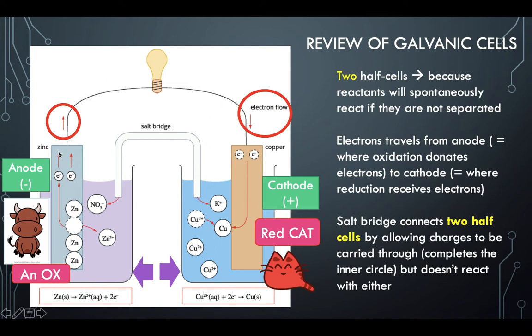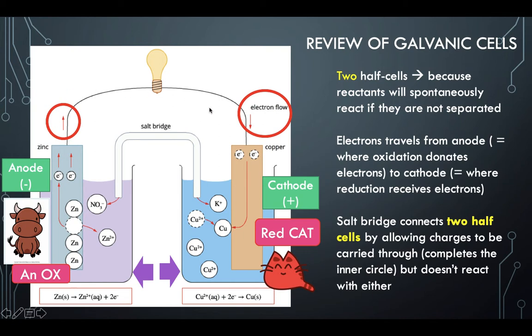We have an external circuit, and it is run by electrons carrying the negative charges through the external circuit to the cathode. Yeah? And then the negative charges are carried by ions, actually, in this case, through the inner circuit, that is the salt bridge, back to the anode.